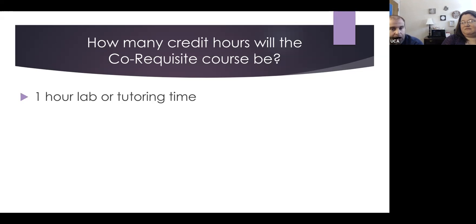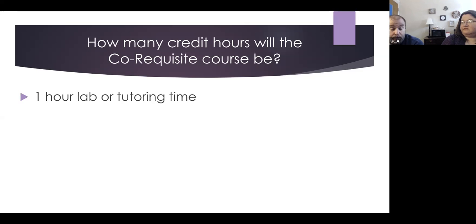Now we're talking about moving maybe back an hour in some of our courses, or not doing anything with the ones that we are really confident in. So we have seen places that have added 1 hour either as a lab or a tutoring time on top of their credit-bearing course. So they would have a college algebra course with review or with a lab.